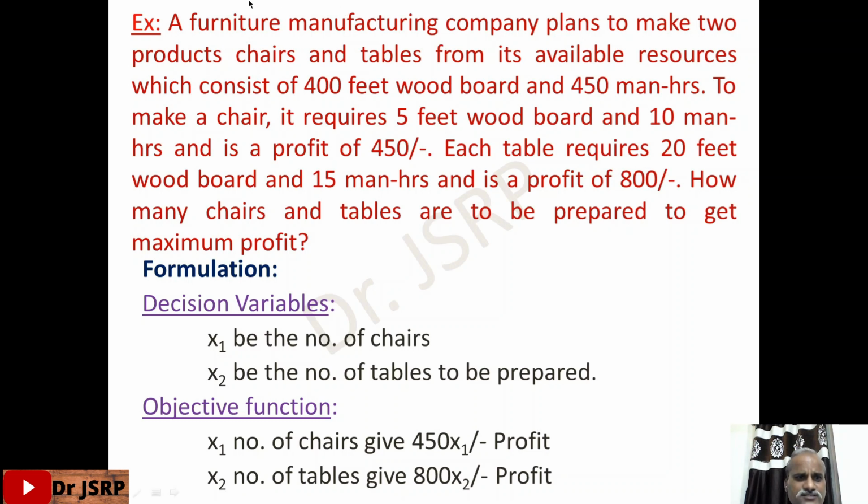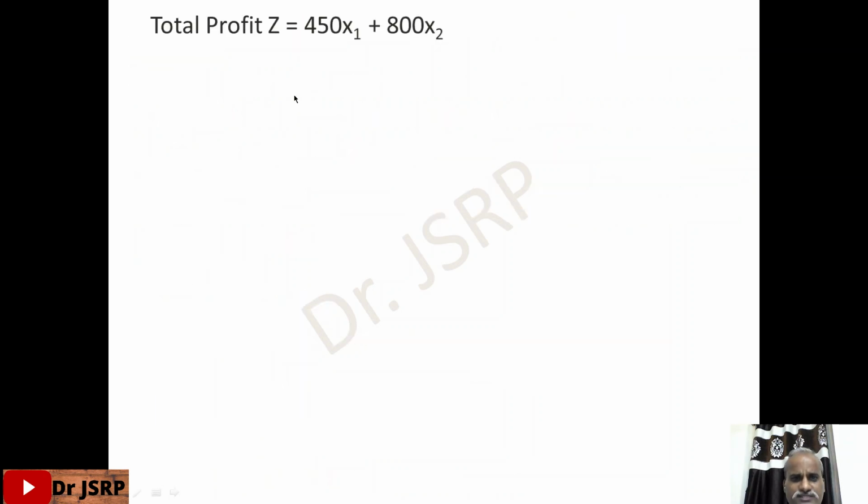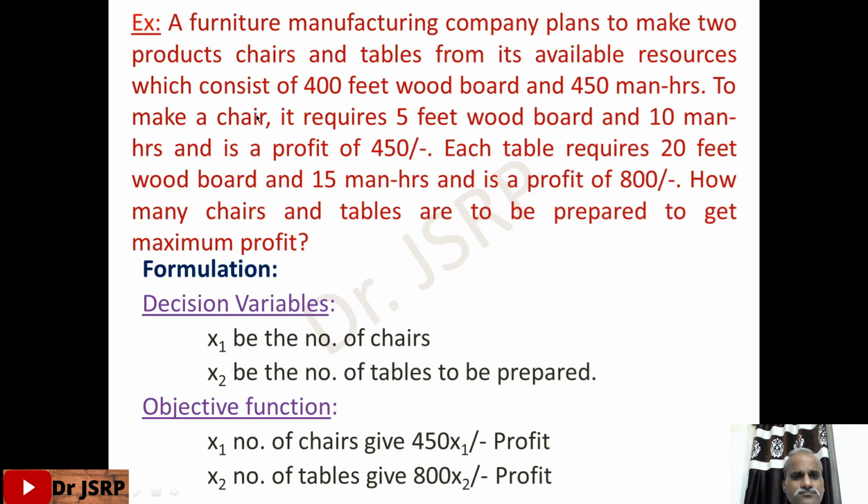First, from the problem, one chair requires 5 feet wood board. We have to prepare x1 number of chairs. So x1 chairs require 5 x1 feet wood board.